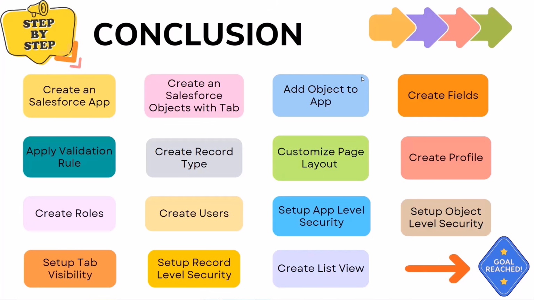We created one user for testing purposes, and then we applied security features to make our application more secure. We applied security at the application level, so that only the user is able to view the application that we created named Task Assignment Tracker. Then we set up object-level security, because we want that the user is not able to edit, add, or delete the Employee object.